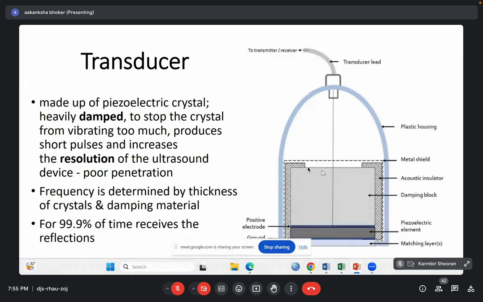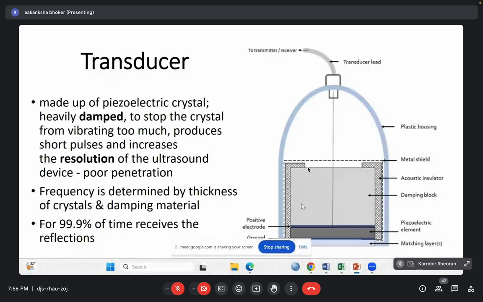Behind this there is a dampening block. This dampening block prevents too much vibration of the crystal, and it ensures that the pulses which are produced are short pulses, because with short pulses we get very good resolution. We will discuss it later. With these short pulses they will be high frequency.